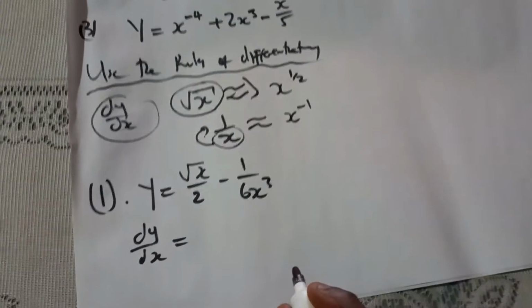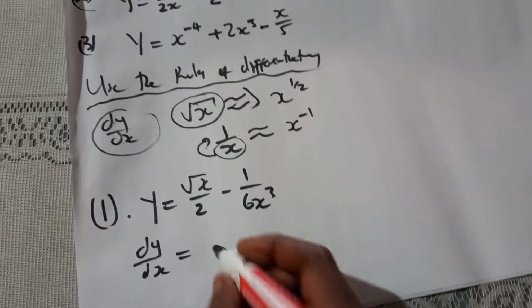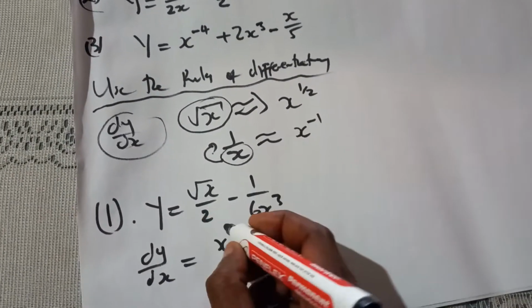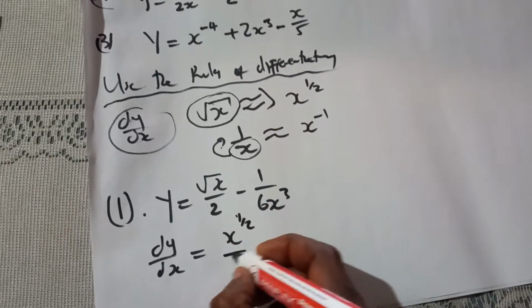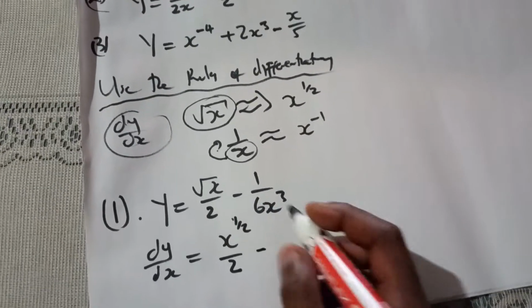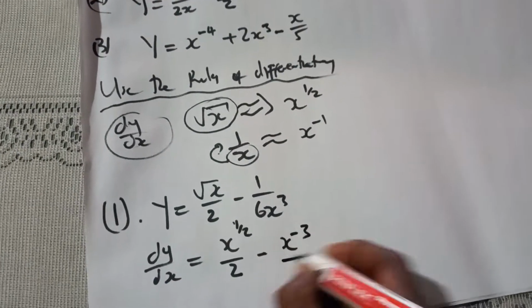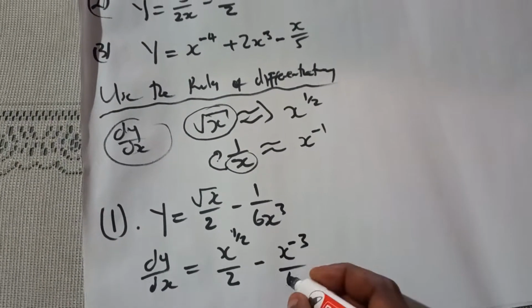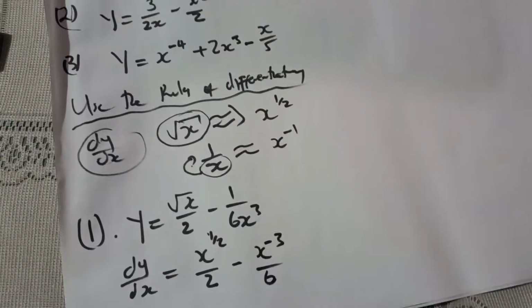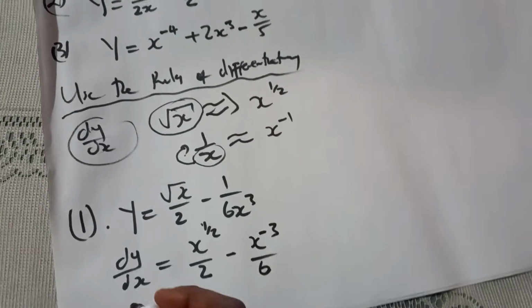So we start. Number one rule that I said, we must change the root to an exponent, 2 minus, and we must take the x to the top, right? If it's like this, then I think we are done.